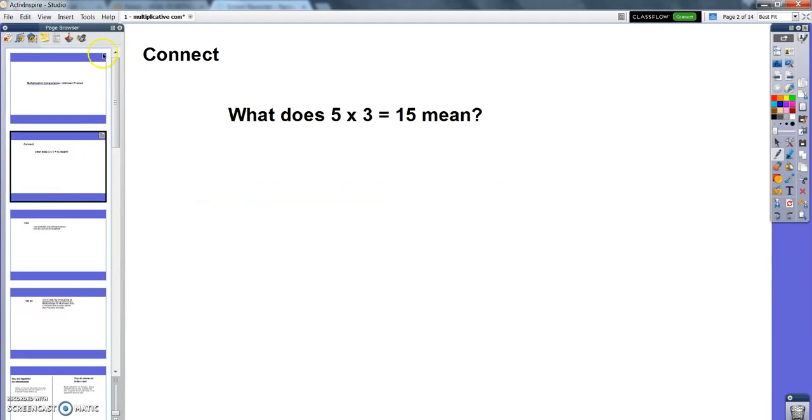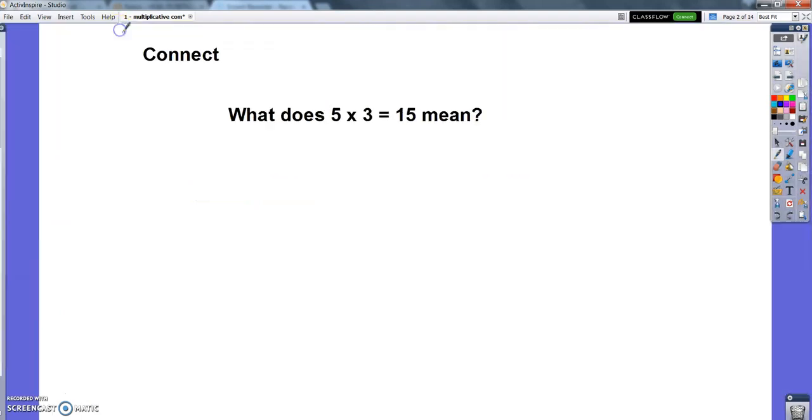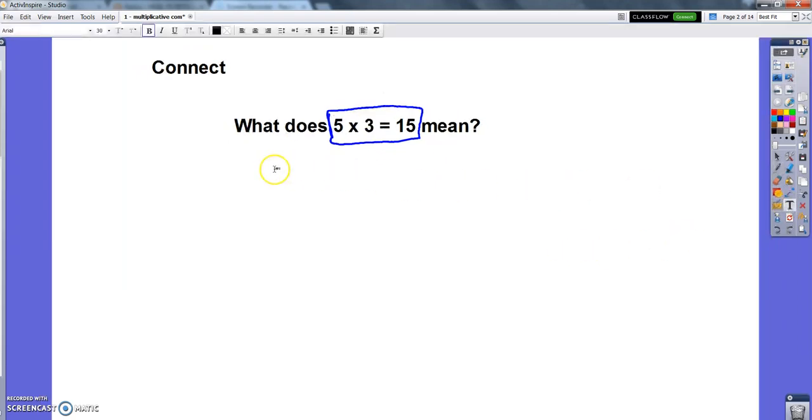All right. So I want to think way back to when you first learned to multiply, and I want to talk about one of the things you learned that a basic multiplication problem even means. Some ways I can interpret this with words: if I think about 5 times 3 equals 15, this means two things.